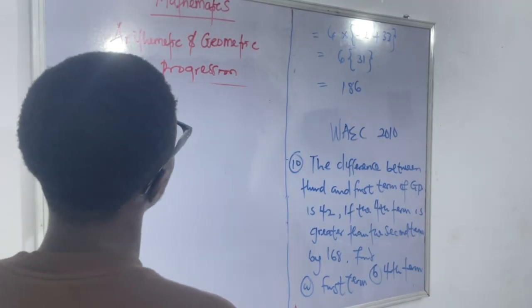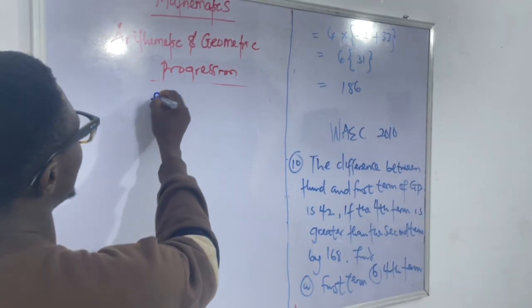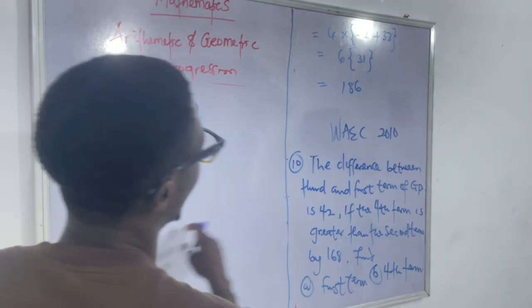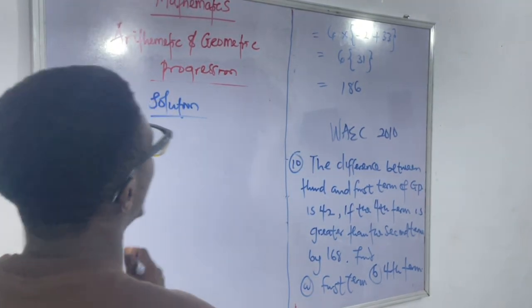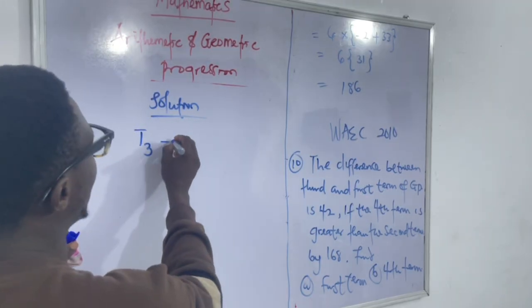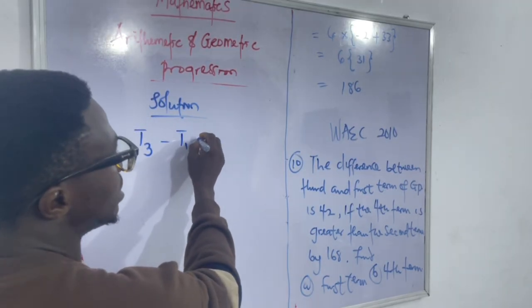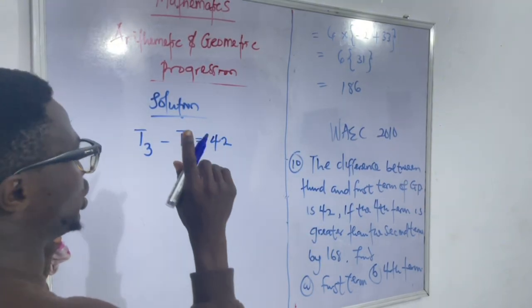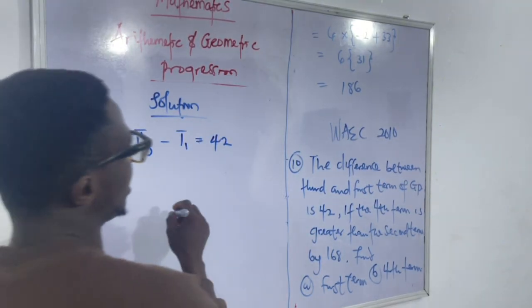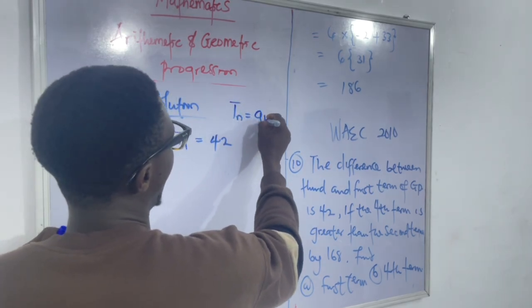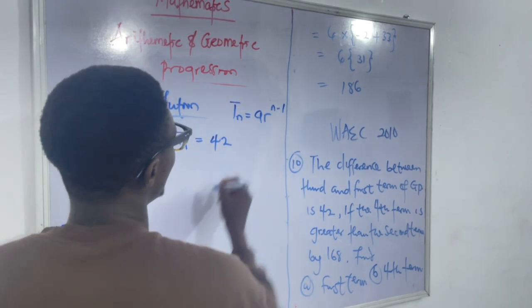So now, solution. It said the difference between the third term and the first term, T3 minus T1, is 42. Mind you, this one is a GP. In GP, the nth term is ar to the power n minus 1.